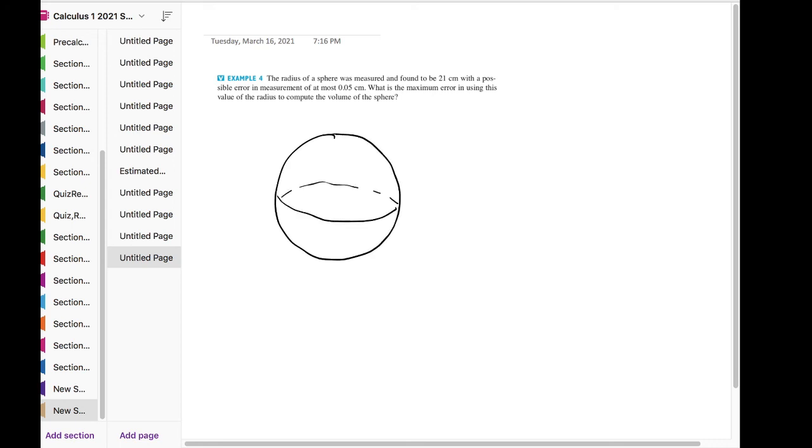So we take the measurement of a sphere, and at most it was off by 0.05 centimeters. So the question is, what would the max error be in computing the volume?